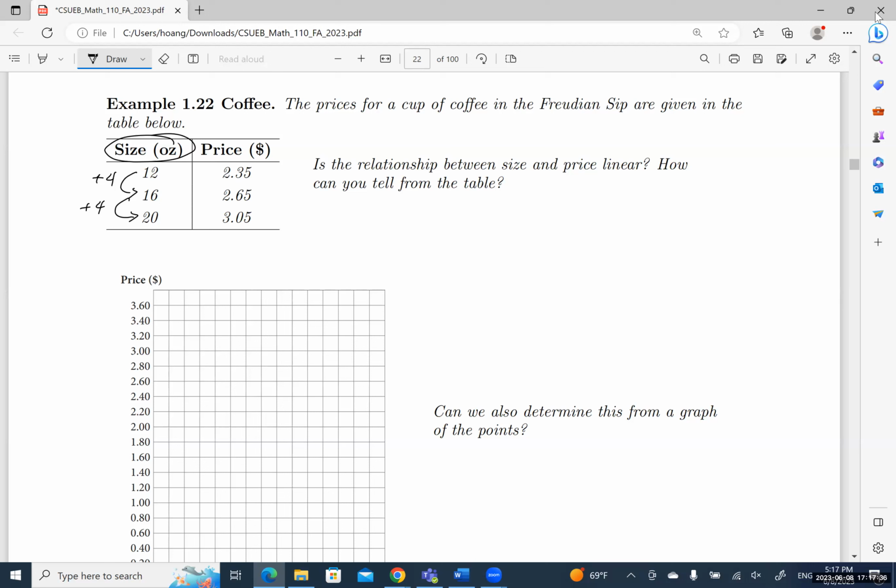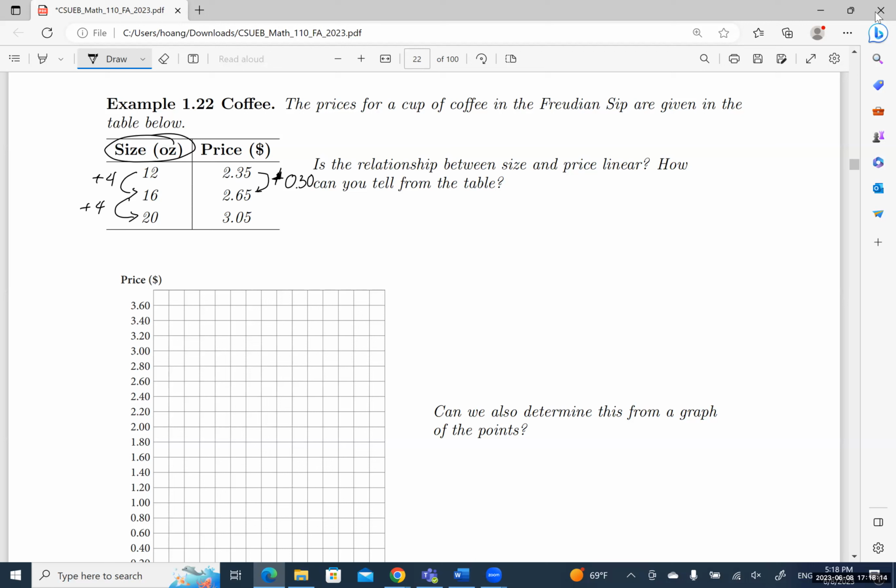Okay, what about the price? So the first size is $2.35. If you go to the next one, it's supposed to be adding 30 cents, right? Adding 0.3.